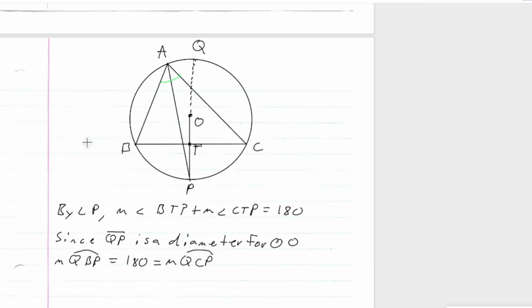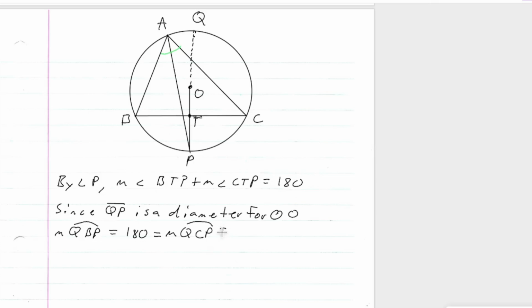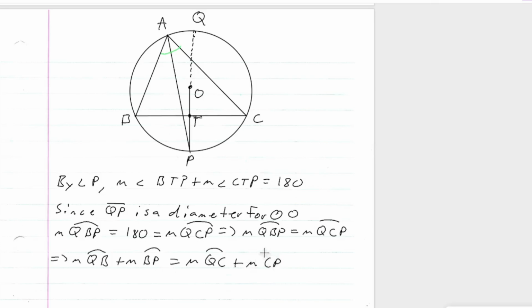Okay? And then, of course, this implies that the measure of arc QBP is equal to the measure of arc QCP. All right? And then QBP is equal to the measure of arc QB plus the measure of arc BP. And that's equal to the measure of arc QC plus the measure of arc CP.